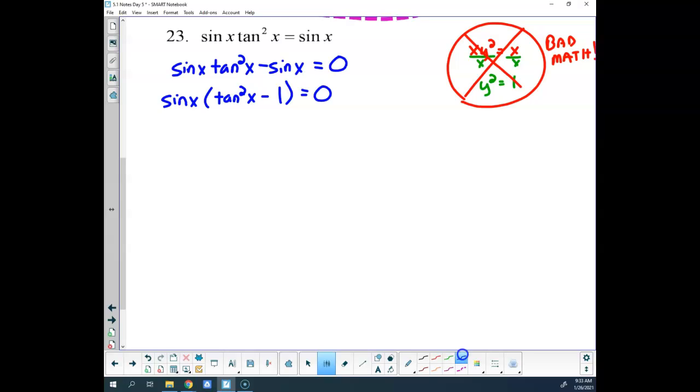You could factor the tangent squared minus 1, perfect square minus perfect square, but I'll show you a way around it. So then we would say sine of x equals 0, or tangent squared of x minus 1 is equal to 0.